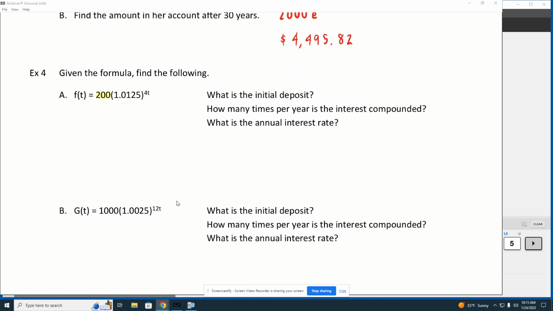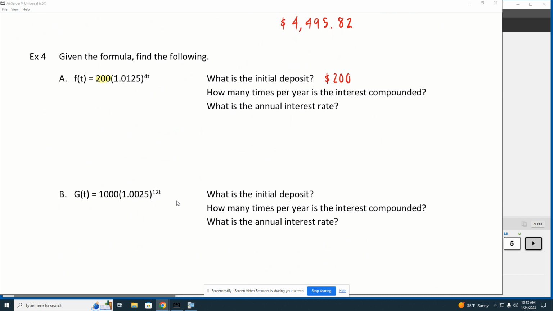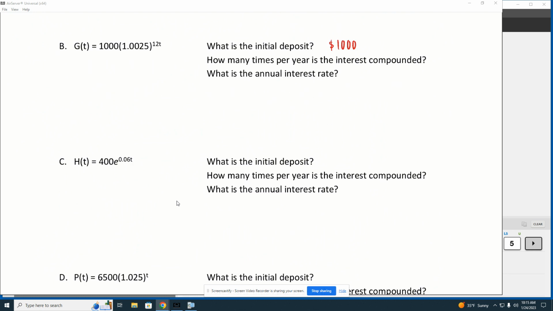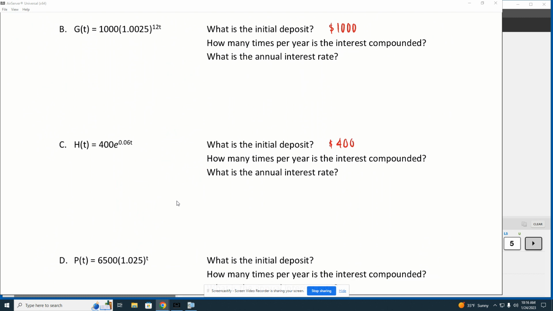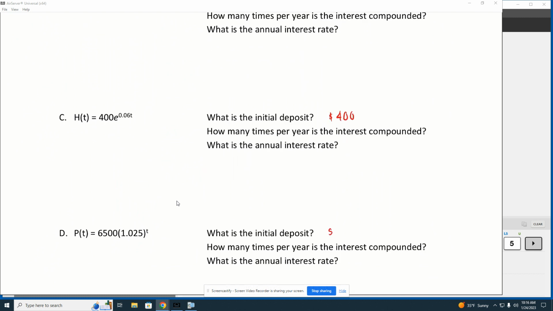So what's this value? 200. Pretty easy question, right? What's the initial deposit on B? 1,000. How about C? 400. Right up front, right? And what's the initial deposit on D? So that's pretty easy, isn't it?